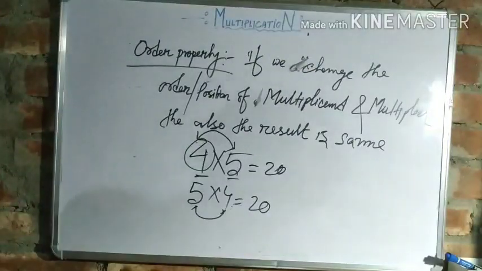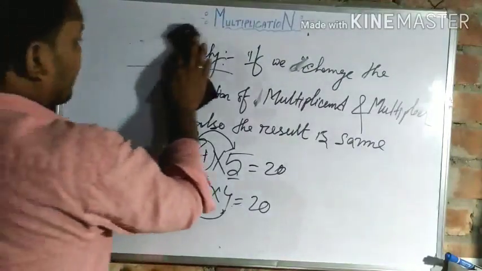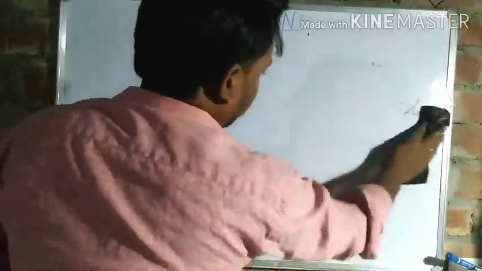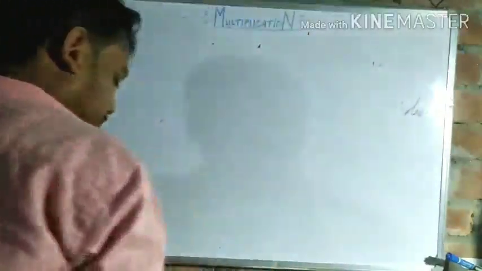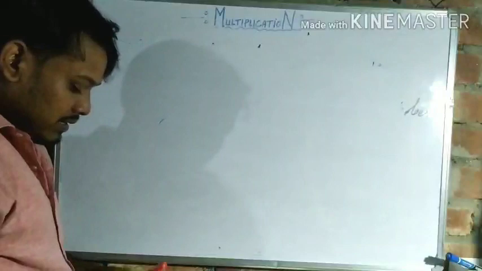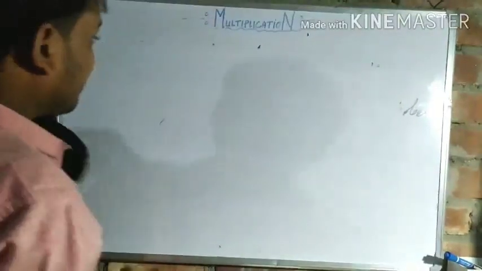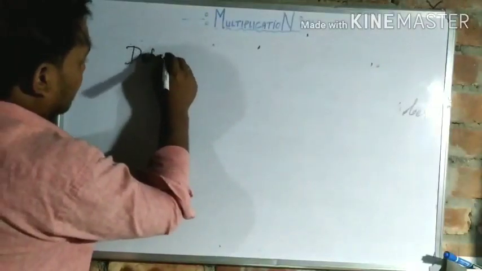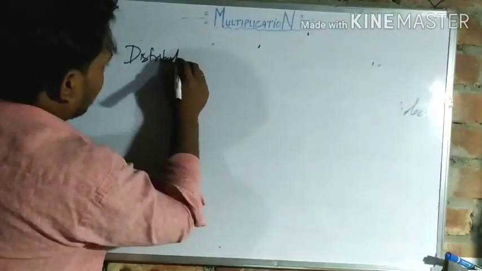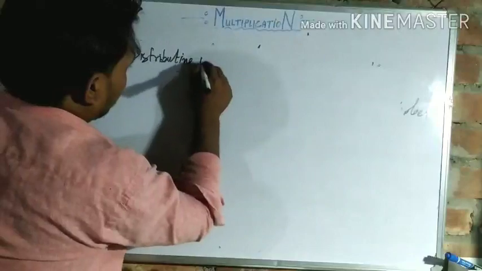So it is the third property, and another property is there. Another property is the distributive property.